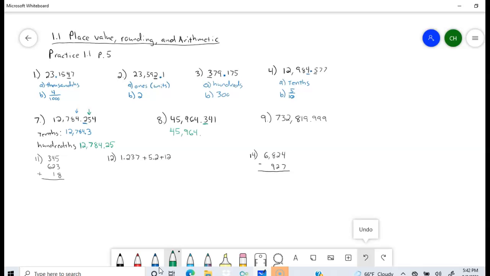It's not going to go up, so it's going to stay the same because of that 4. My second one, we'll do red this time, maybe a little easier to see. It wants the hundredths right here. We have 45,964.3, and it's a 1 beside it, so it's going to stay a 4.